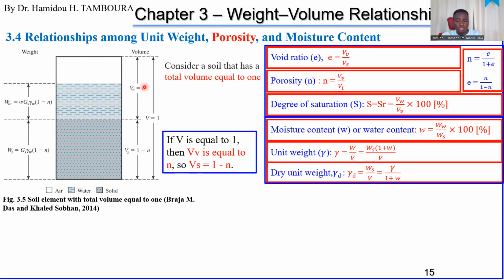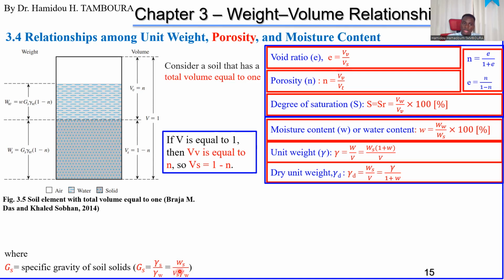Okay, let's now move to the masses, the weights. Specific gravity, we always use it: unit weight of solid divided by unit weight of water. It means weight of the solid divided by volume of solid, and divided again by unit weight of water. From this, you can obtain the weight of solid is Gs multiplied by Vs multiplied by gamma w.